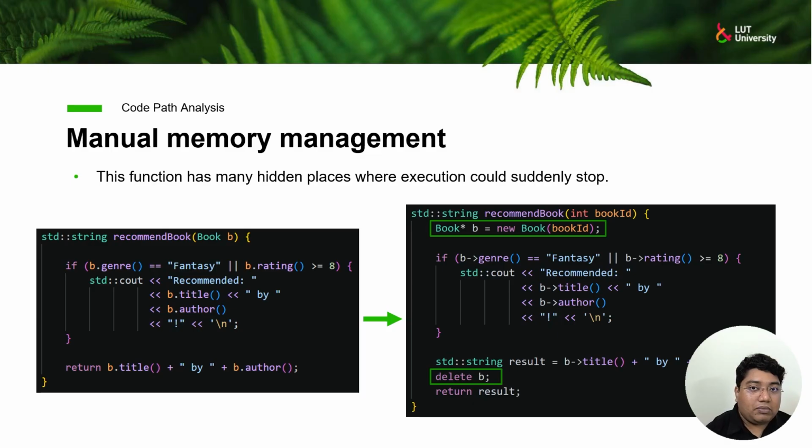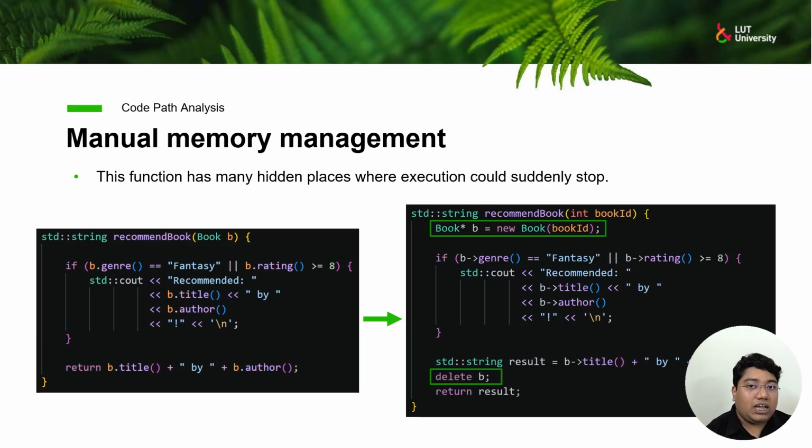But the problem is everything in between. Remember those 18 paths that we just talked about? If any of them throws an exception before we even reach delete, the cleanup code is skipped. The pointer disappears, the allocated memory stays behind, and that's a memory leak.